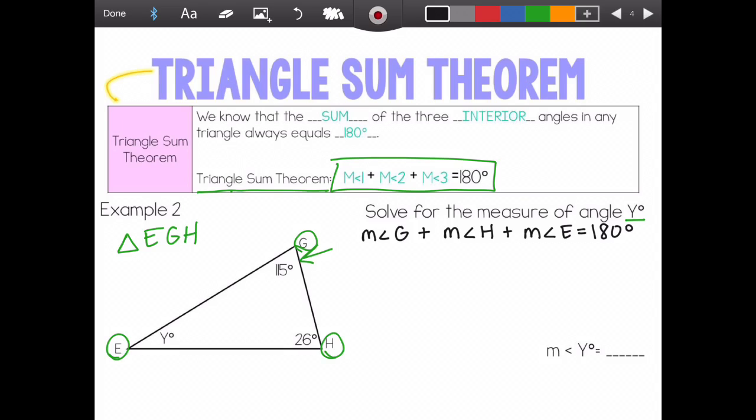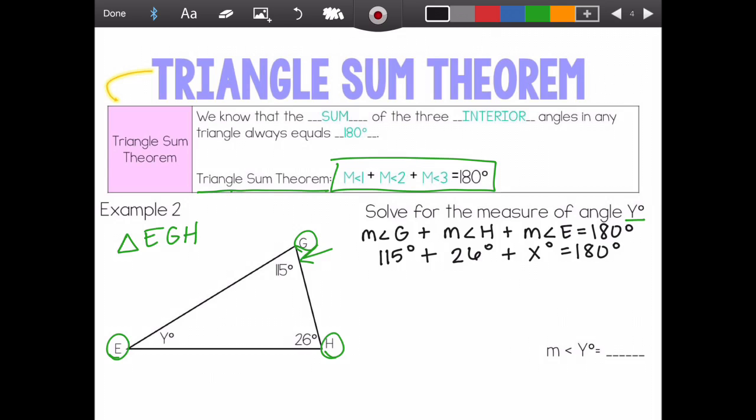Now I'm going to plug in my actual angle measures. The measure of angle G is 115 degrees, the measure of angle H is 26 degrees, and the measure of angle E is x degrees. All of that equals 180 degrees. Now I'm going to combine any constants or variables that I can on the left-hand side.